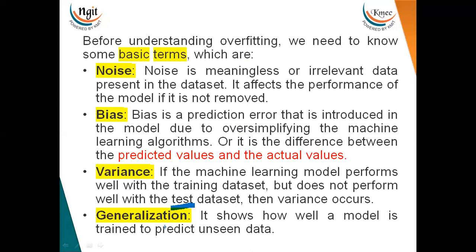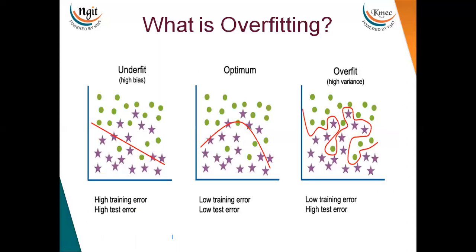Now generalization means what? Your model works perfectly for both training data as well as testing data. Then that is called a generalized model. Now, here you can see that if a model has error during both the phases, the training phase as well as the testing phase, then that model is called an underfit model.